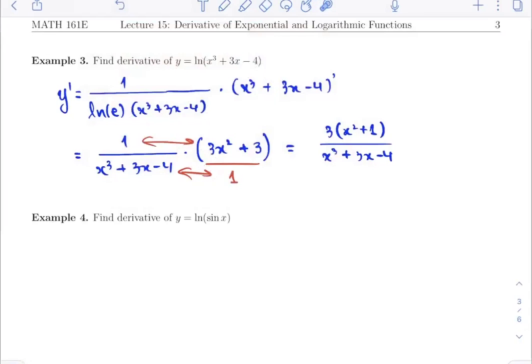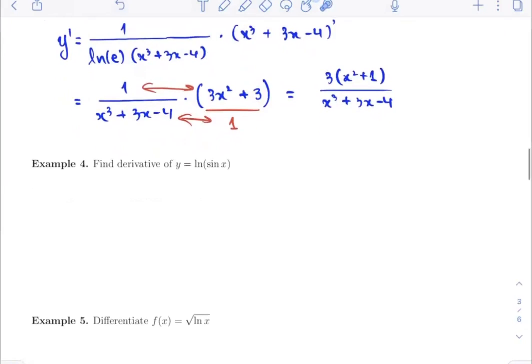Now let's move on to example 4. Again, in this example, I want to find the derivative of the function ln of sine of x. So the outside part is the natural log function and the inside part is sine of x.